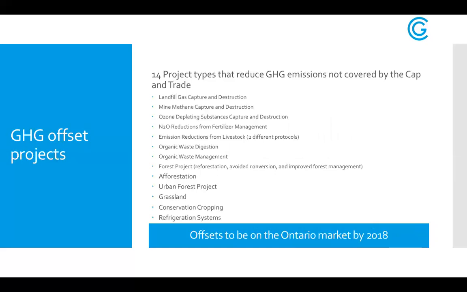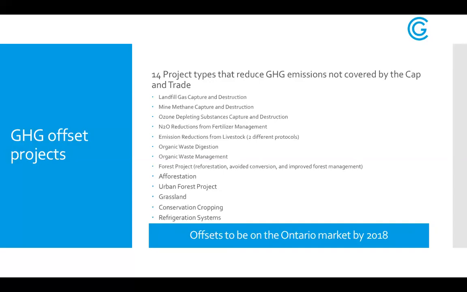On the Ontario market, the government is expecting to have 14 types of projects able to generate offset credits. These projects that reduce GHG emissions that are not covered by the cap and trade include landfill gas capture and destruction, mine methane capture and destruction, ozone depleting substances capture and destruction, and 11 other types of projects.